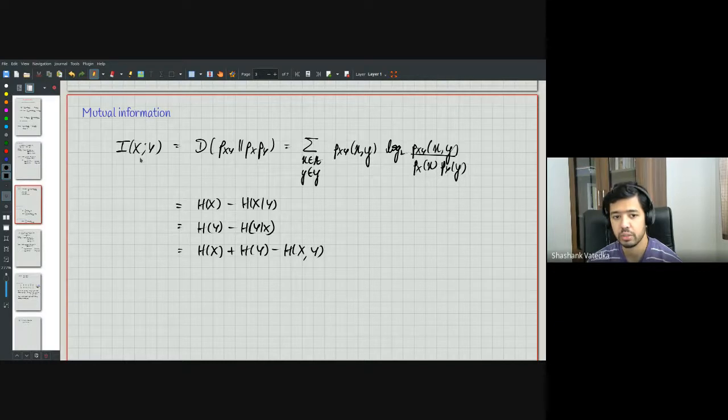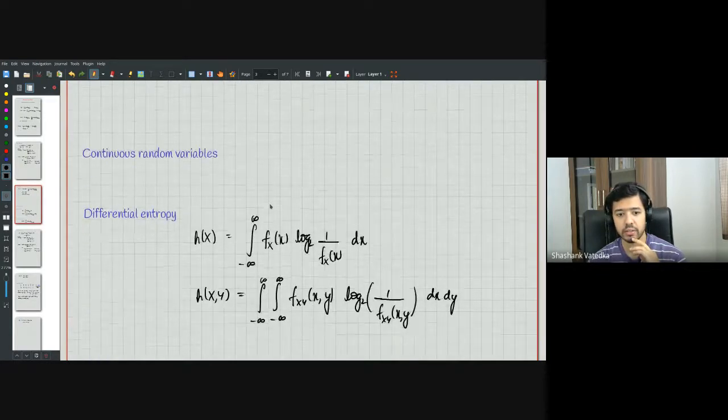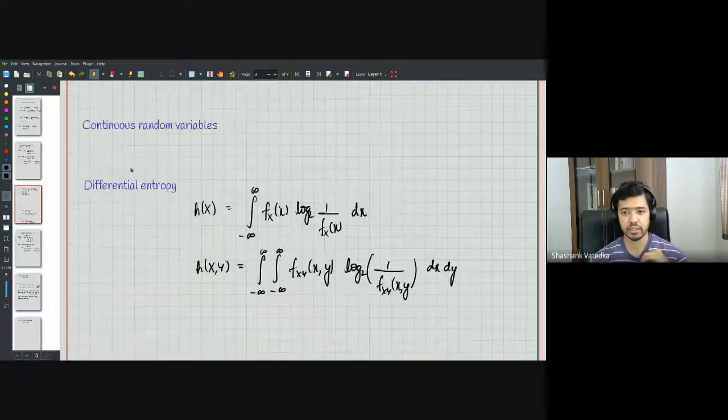Right? So the information about x contained in y is the total uncertainty in x minus the amount of uncertainty that remains after having observed y. So that is the amount of information that you get about x after seeing y. All right, and this is an operational quantity which appears when you talk about the channel coding problem. So we'll see this in the next class.